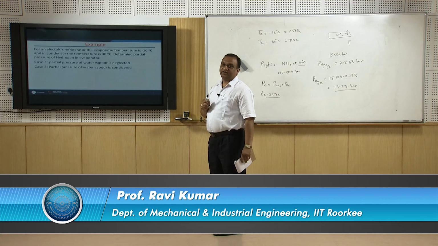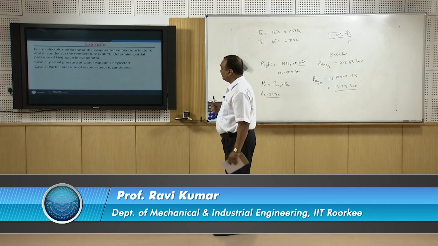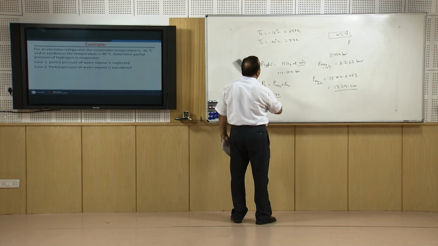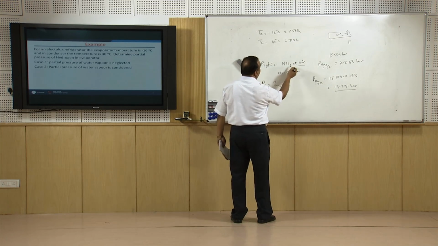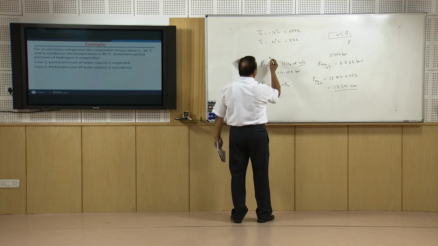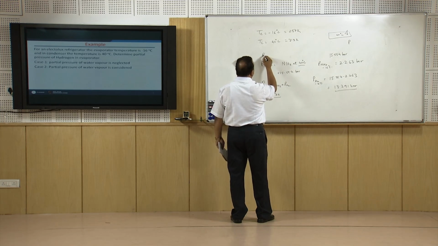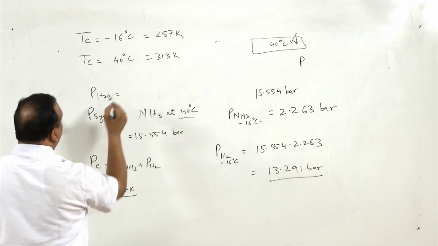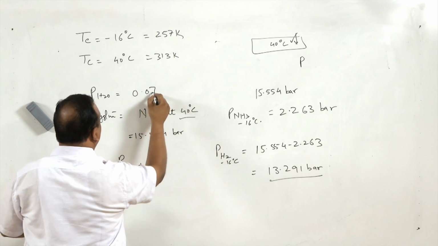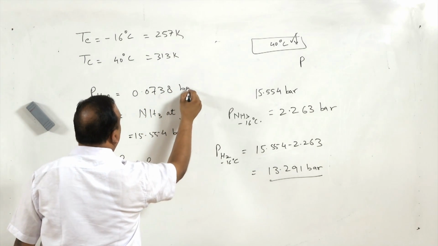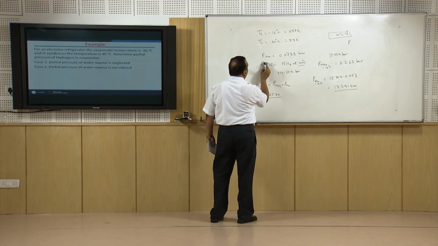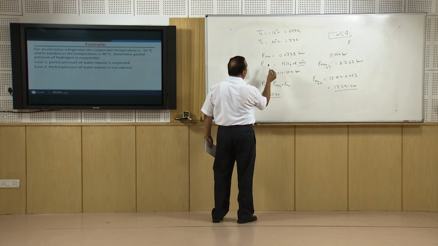This is when water vapor is neglected. Now suppose we consider that in the actual system there are water vapors also. If we consider the water vapor, then in the condenser there is not going to be pure ammonia, there is going to be water vapor also. So the partial pressure of hydrogen oxide, that is water, shall have to be included, that is 0.0738 bar. So at 40 degrees centigrade, the total pressure of the system is not just the pressure of ammonia.